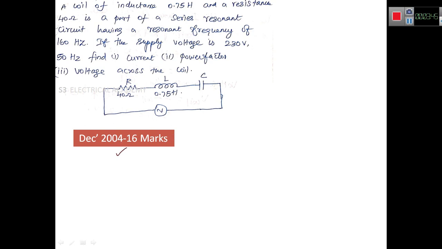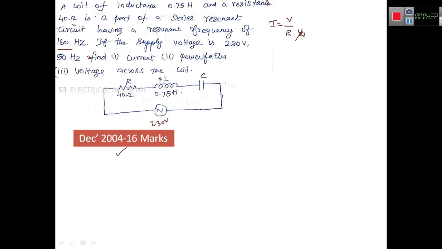A coil of inductance 0.75 Henry and a resistance of 40 ohm is a part of series resonance circuit having a resonant frequency of 160 Hz. If the supply voltage is 230 volt, 50 Hz, find the current value I. I is equal to V by R, not Z, because at resonance the circuit will act as purely resistive.